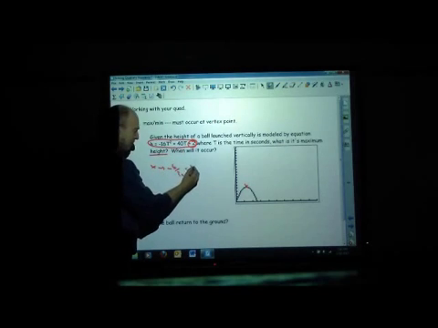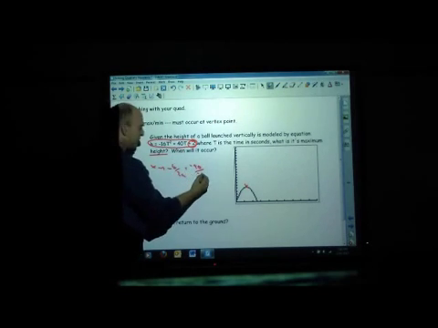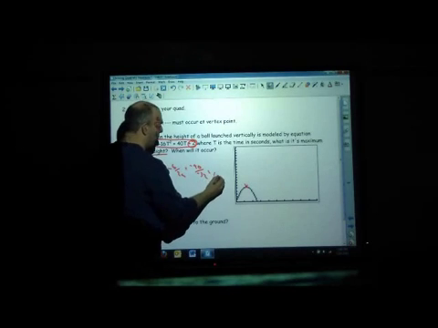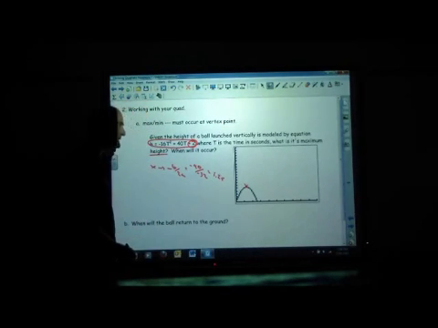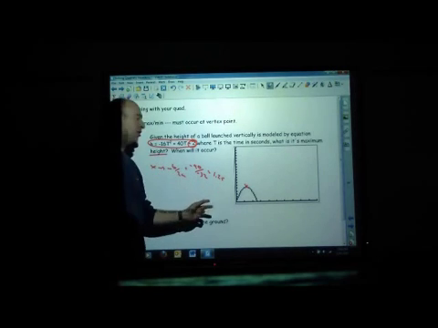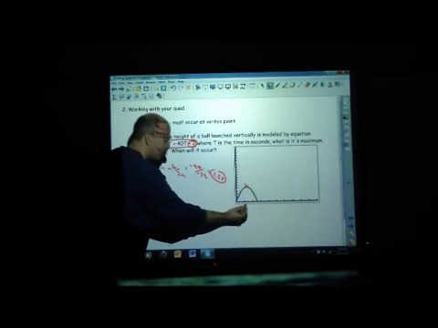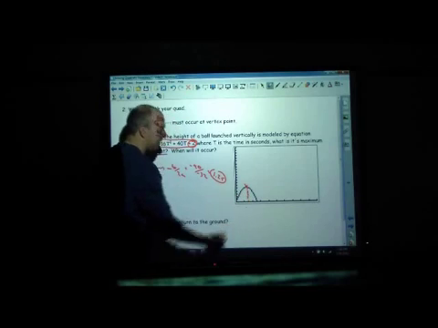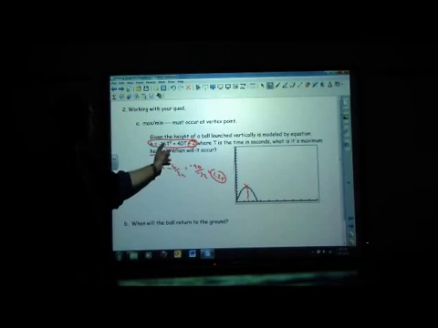You could take -40 over 2, be -32, and get 1 1/4 seconds. So the maximum height is not 1 1/4, it's 1 1/4 seconds, and you're at the maximum height. All right, so you'd have to put 1 1/4 in here to get the maximum height. But you can do that.